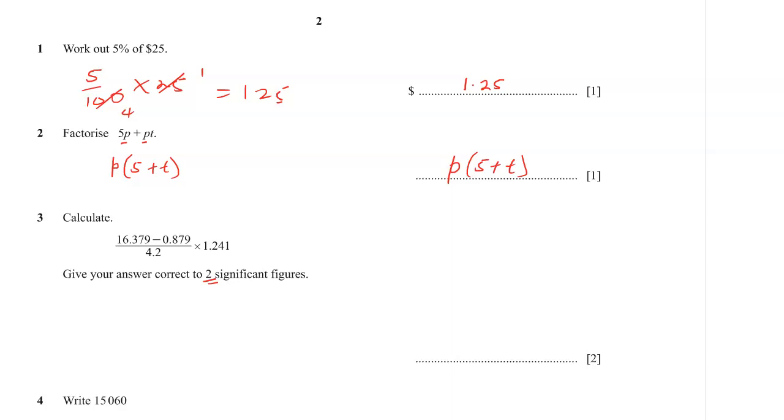So the first thing we do is we evaluate the numerator in the fraction. So 16.379, take away 0.879. This will give us 15.5. So now we have 15.5 divided by 4.2, and whatever you get there, you multiply by 1.241.